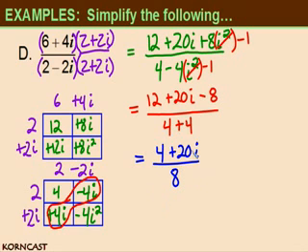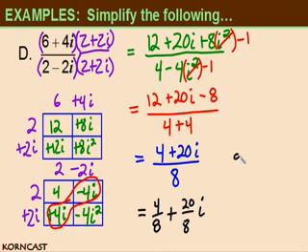Now to undo the addition of fractions, 4 divided by 8 plus 20 divided by 8 times i. Now we're in complex number form, with one exception. We now need to reduce our fractions.